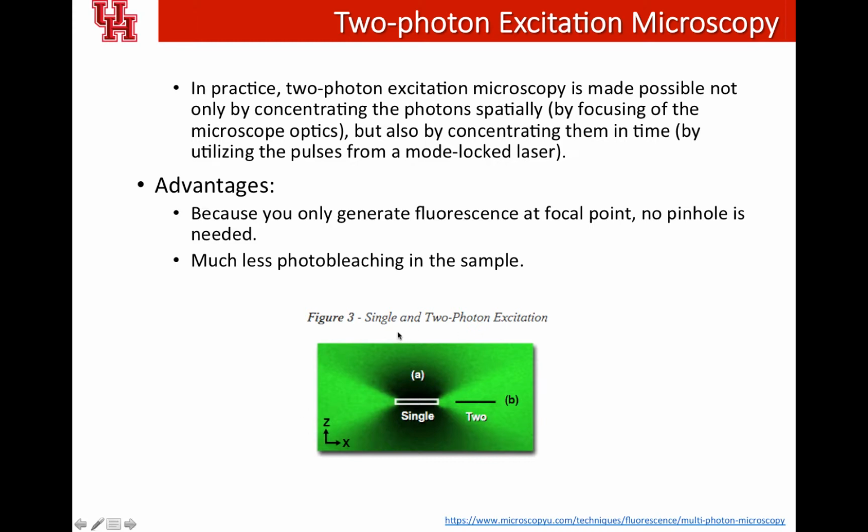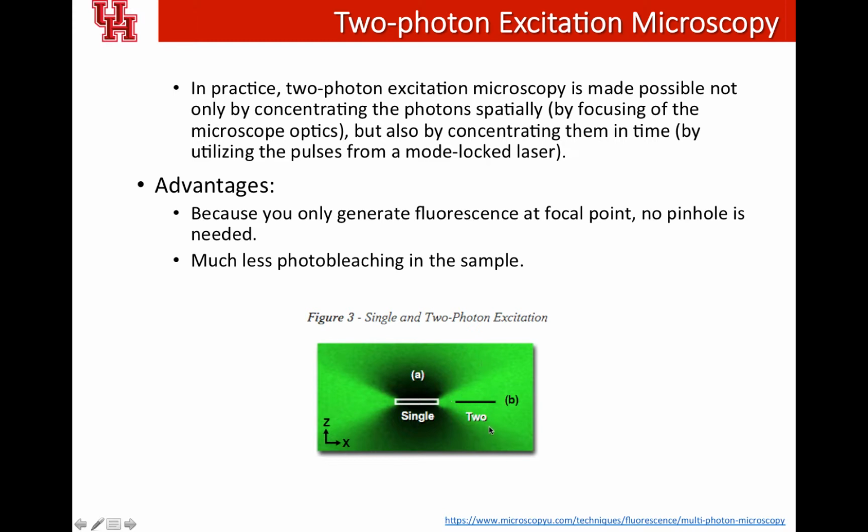Here it shows the single photon excitation and two photon excitation photobleaching results. On the left-hand side, for single photon excitation after scanning, you see all those areas have been photobleached. For two photon, you only bleach on the focal plane.